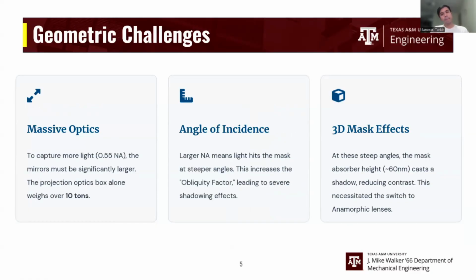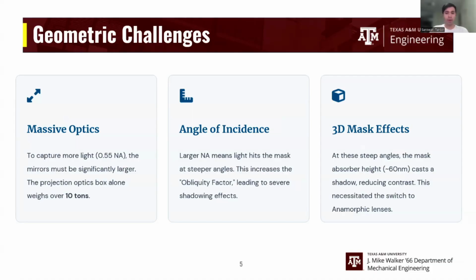However, can we simply make the lens bigger and get a smaller critical dimension? EUV optics are mostly reflective mirrors, not refractive lenses. So if we move towards 0.55 numerical aperture, we introduce three major geometric problems.